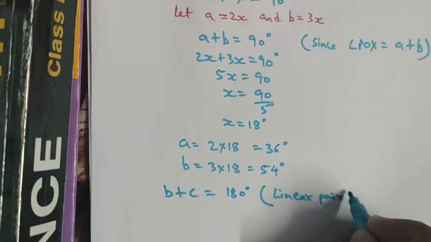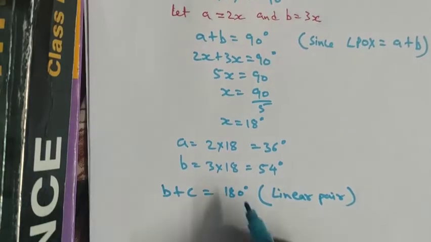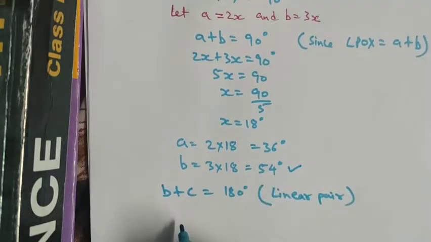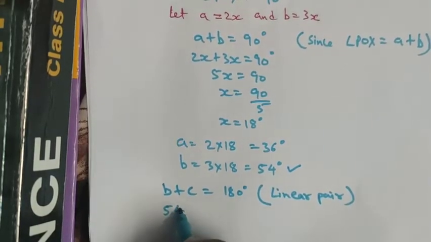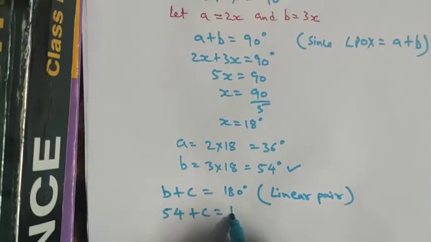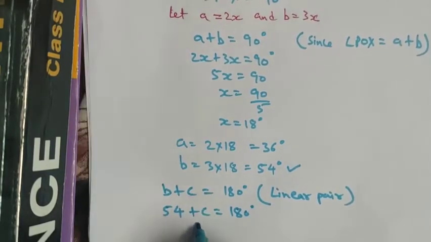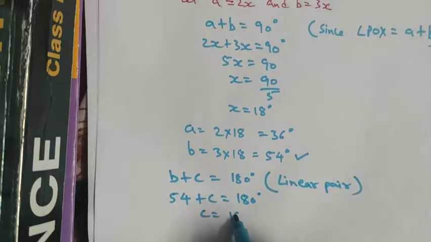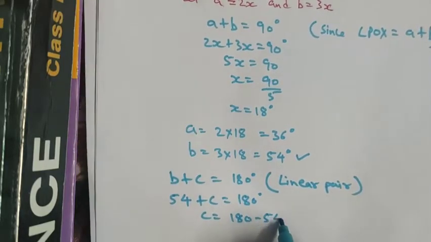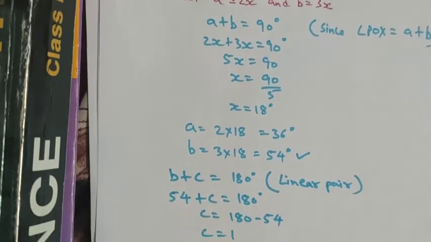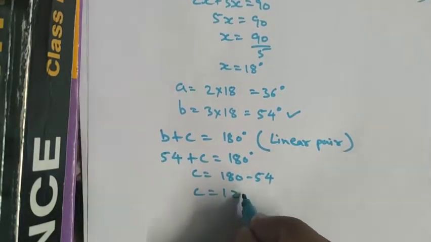Okay, so again value of B we have already calculated. We can substitute the value of B as 54 plus C equals 180 degree. So C equals 180 minus 54, that is C equals 126 degree.